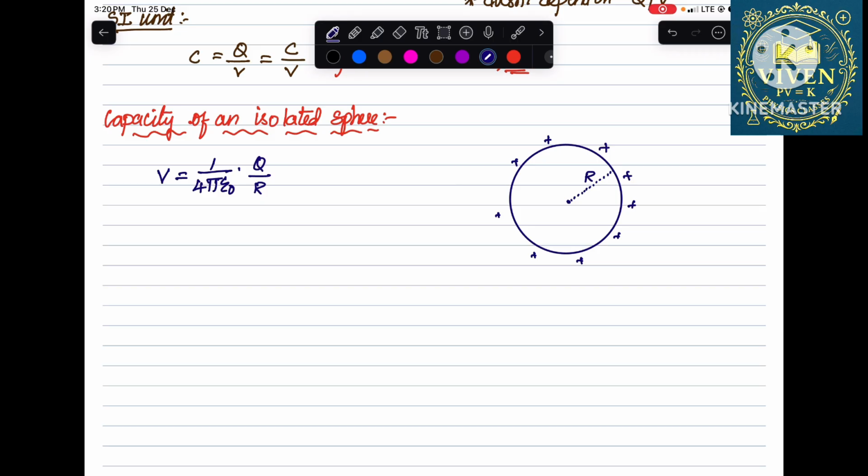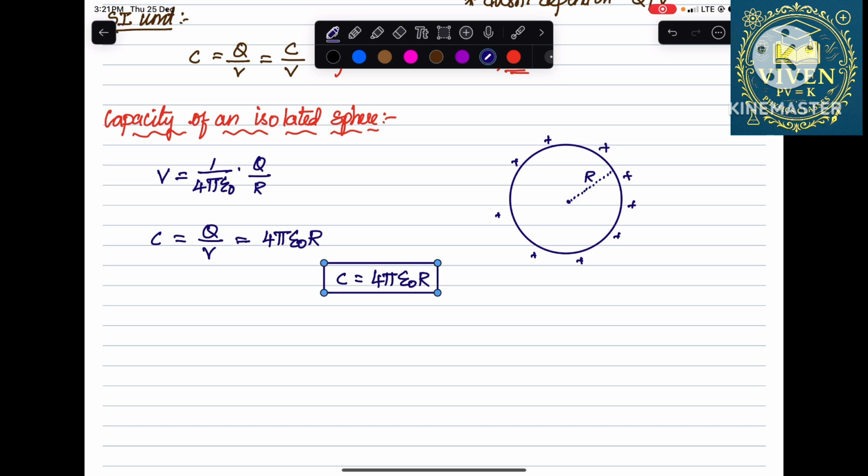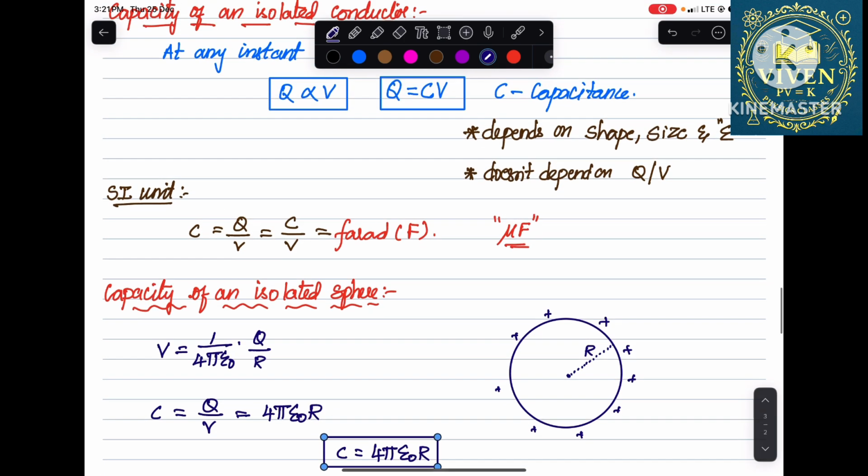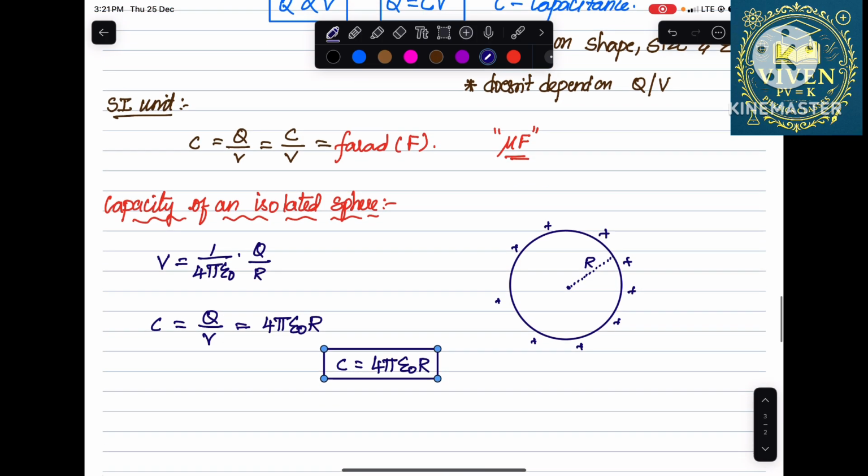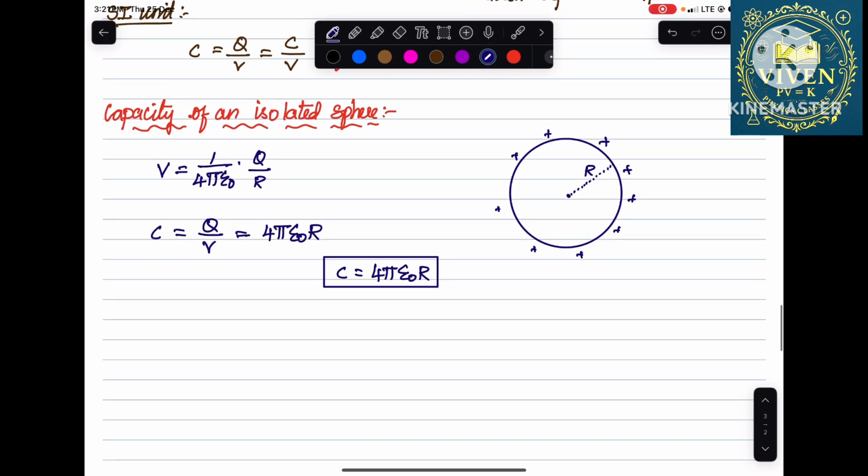And the formula for capacitance is C is equal to Q by V. So I can write simply C is equal to 4 pi epsilon naught times R. So the capacity of an isolated sphere depends only on the radius and epsilon naught, that is, size, shape and permittivity.